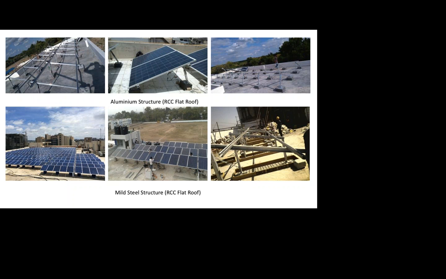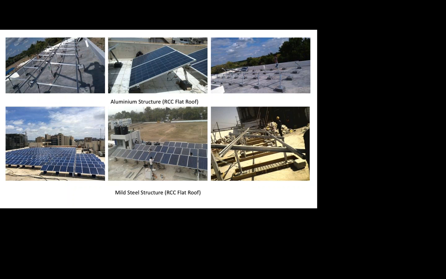Okay, so let's continue with our discussion. We are saying essentially that aluminium structure with ballast is costing about 4.7 rupees a watt. The prices are to be noted at the scale of a 100 kilowatt project. Quantities we have tried to quantify per kilowatt so that people are able to construe the same.